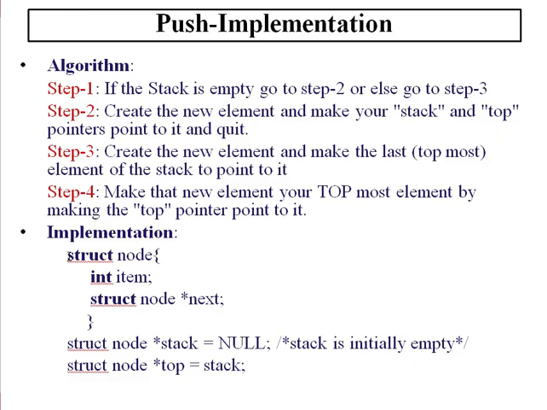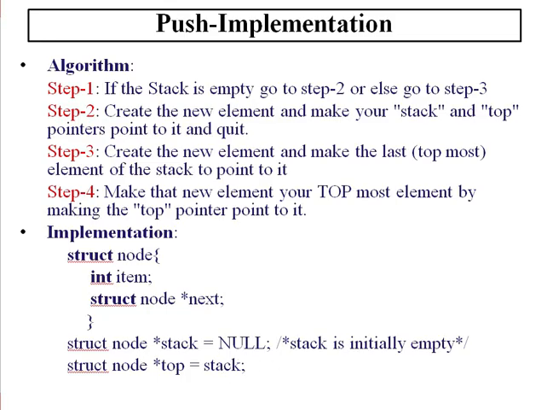So here struct node, then item, this is the data part, and this one is the pointer part, which is making the link between the nodes of the linked list. Initially we should make the stack the null value, that is initially the stack is empty, and the top pointer variable, which is of type node, is also pointing to the stack.